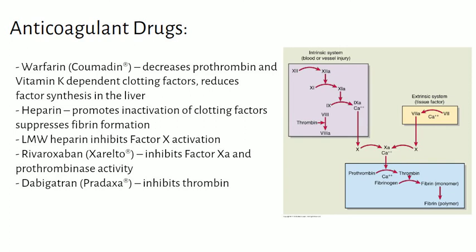Heparin promotes inactivation of clotting factors and suppresses fibrin formation. Low molecular weight heparin inhibits factor X activation. Rivaroxaban, brand name Xarelto, inhibits factor Xa and prothrombinase activity. Dabigatran, brand name Pradaxa, inhibits thrombin.